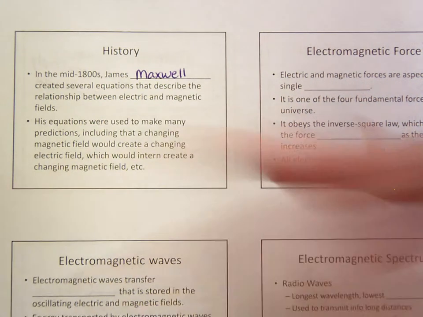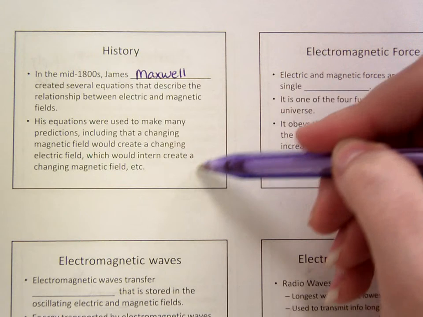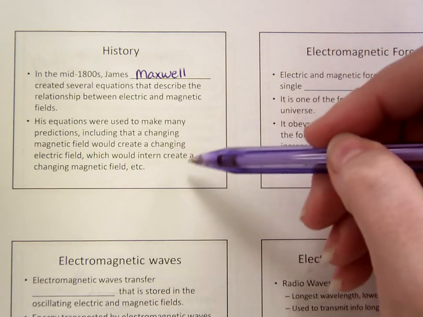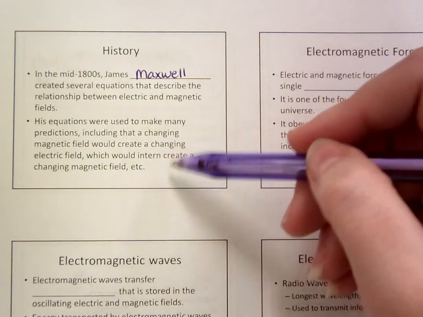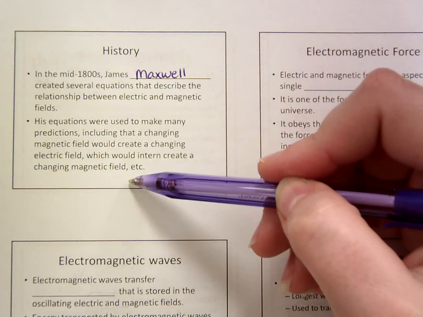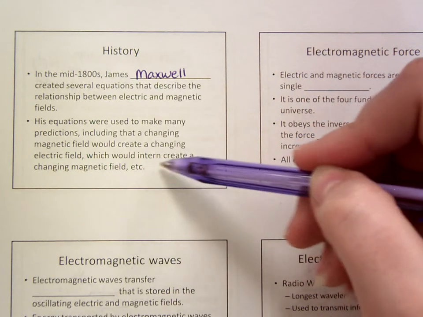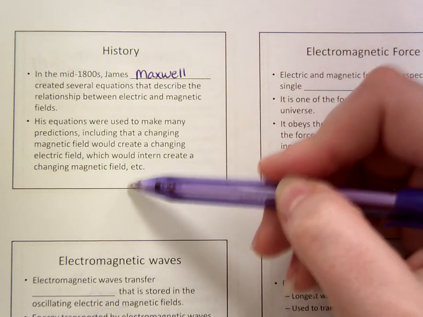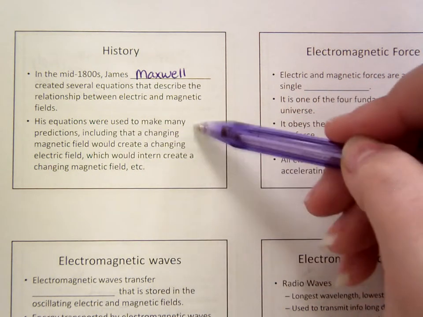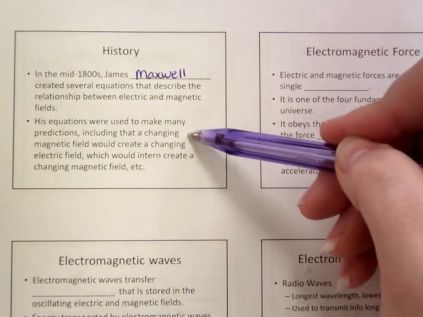And this relates to what we're talking about in this chapter, because chapter 20 is all about how you can use electricity to get magnets, or magnets to get electricity. And that's what's happening in an electromagnetic wave. One type is creating the next, which creates the next.